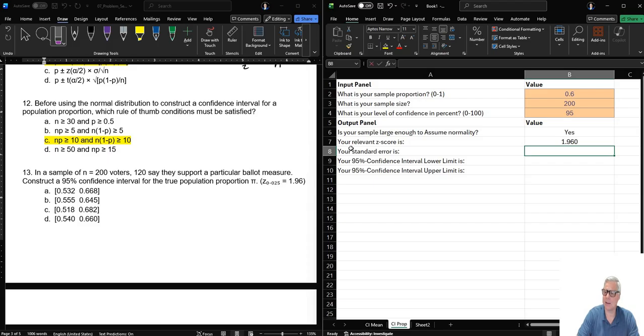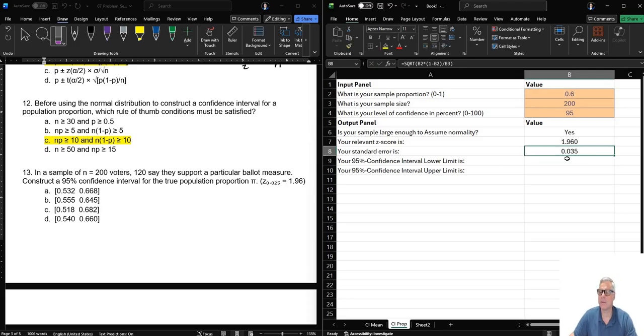And again, our standard error is the square root of the success probability, which is in this case 0.6, times the failure probability, which is 1 minus 0.6, but of course you cannot enter 0.6 and hard code that, so you need to keep that flexible by going to the respective cell, divided by the cell where we have the 200.